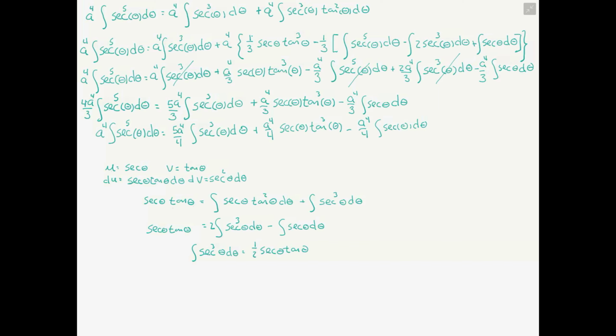And now I rearrange the entire problem and have the final solution for secant to the third theta d theta, which is 1/2 secant theta tan theta plus 1/2 the natural log of secant theta plus tangent theta.